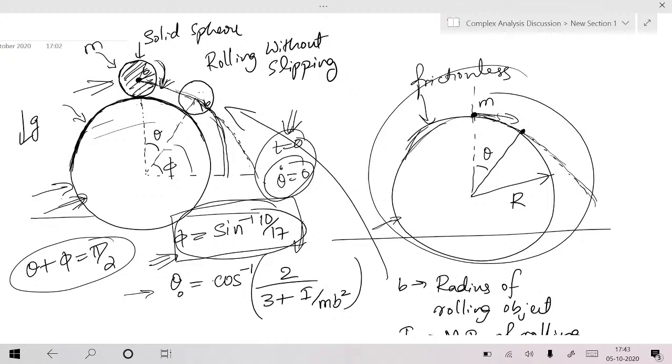I think so, whatever you are saying, that is a rolling constraint. Okay, bφ is equal to aψ, like that. That's a pure rolling constraint.